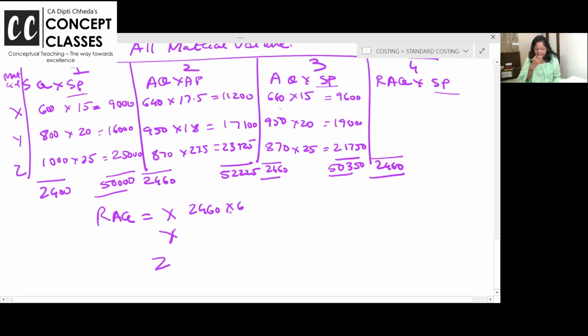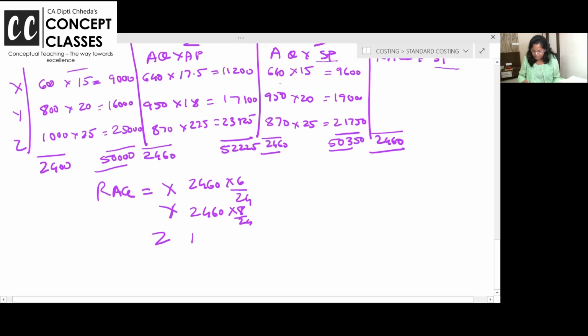Can you take it in this ratio? How much is 6 plus 8 plus 10? 24. 2460 into 8 by 24. 2460 into 10 by 24.